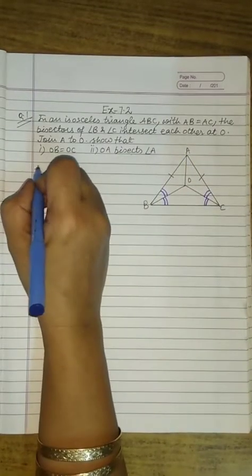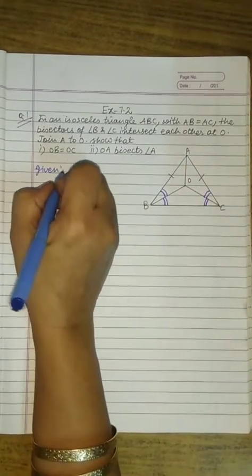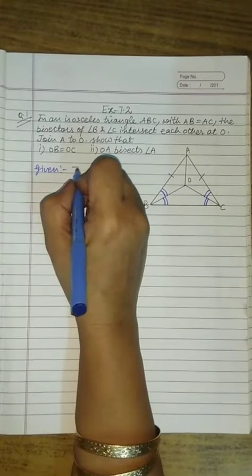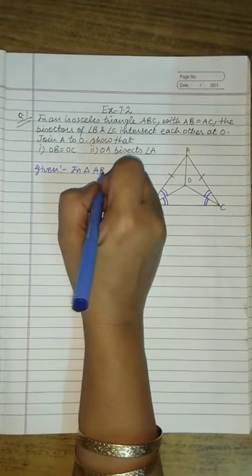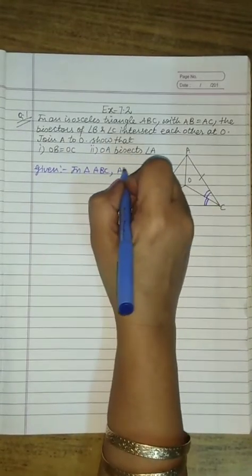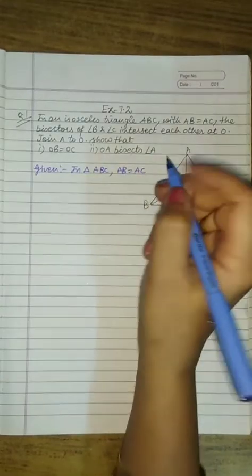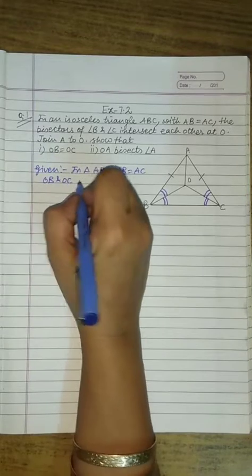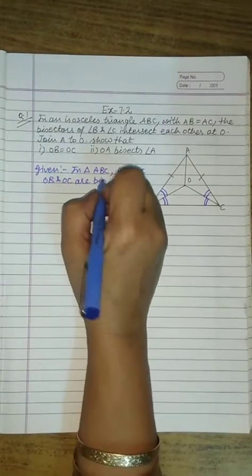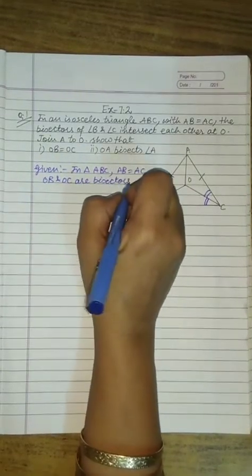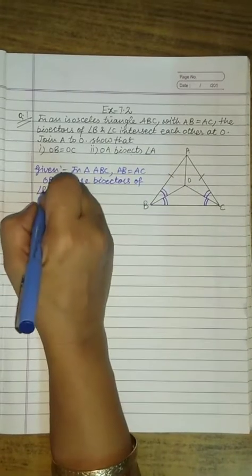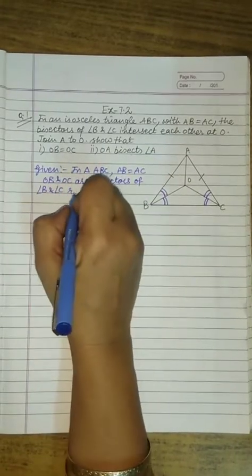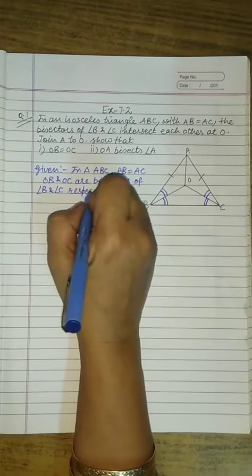So, what is given in this question? We are given in triangle ABC, AB is equal to AC and OB and OC are bisectors of angle B and angle C respectively.